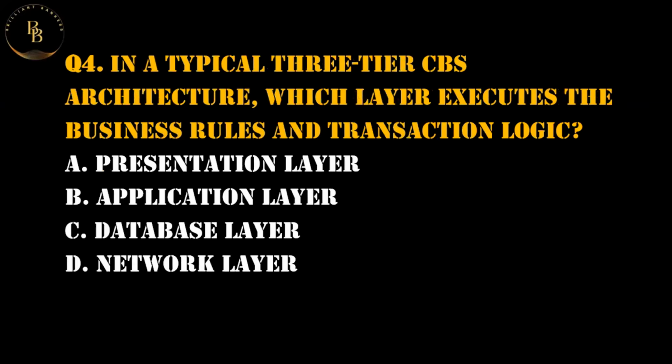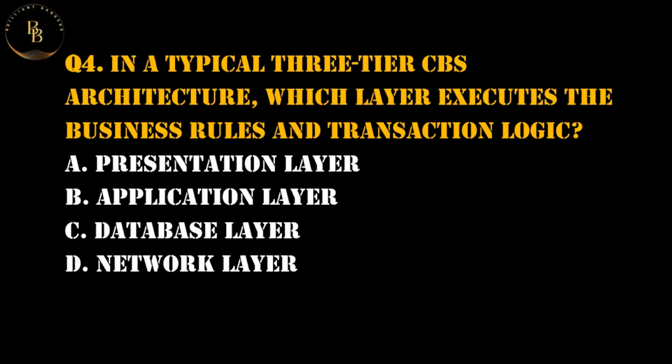Question number 4. In a typical 3-tier CBS architecture, which layer executes the business rules and the transaction logic? Is it the presentation layer, the application layer, the database layer, or the network layer?